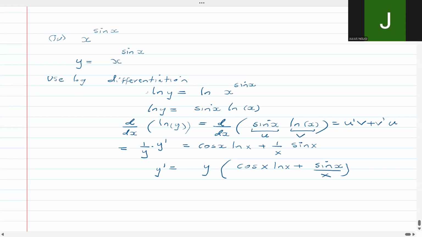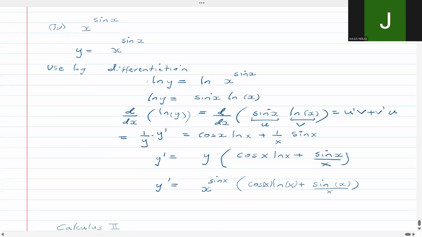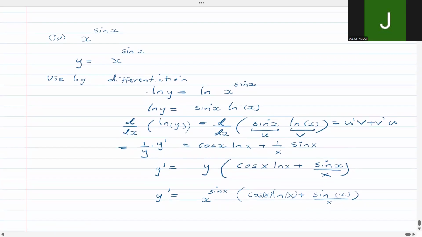And then y was the original function, so y prime equals x to the power of sine x, then in the parentheses, you have cosine of x natural log of x, plus sine of x divided by x. That's the end of part 1.